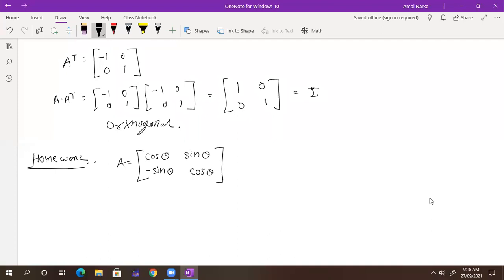While giving examples, I will do this homework example. If A is orthogonal, find its inverse. Also, I want one example from your side of a 3 by 3 matrix which is orthogonal. You can find any example.